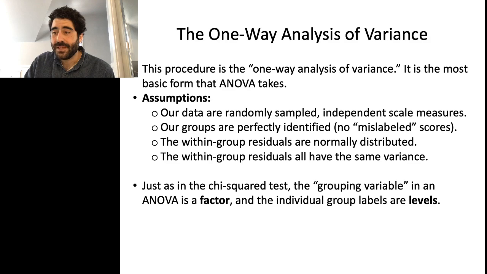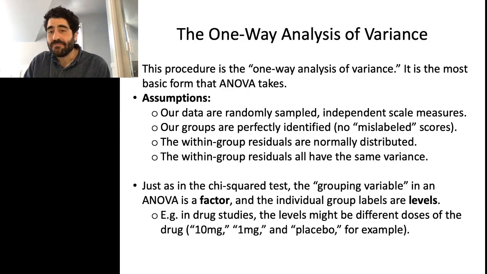And so the grouping variable here, just like in the chi-square test, is a factor and may have multiple levels. For example, these levels might be different doses of a drug. So for each person, we're assigning them to one of three different groups, and then we're measuring some kind of outcome, for example, how much it seems like this person improved.